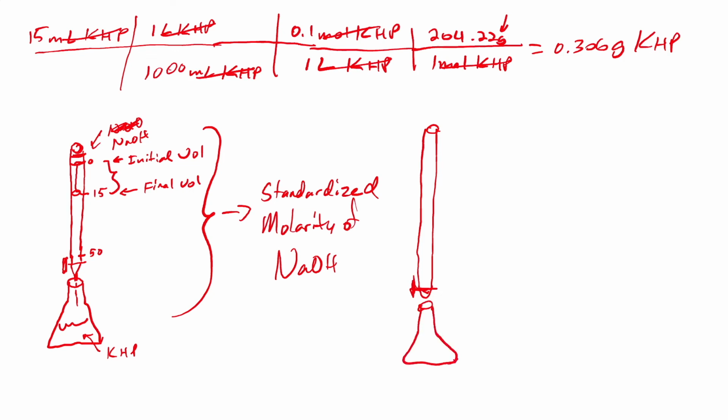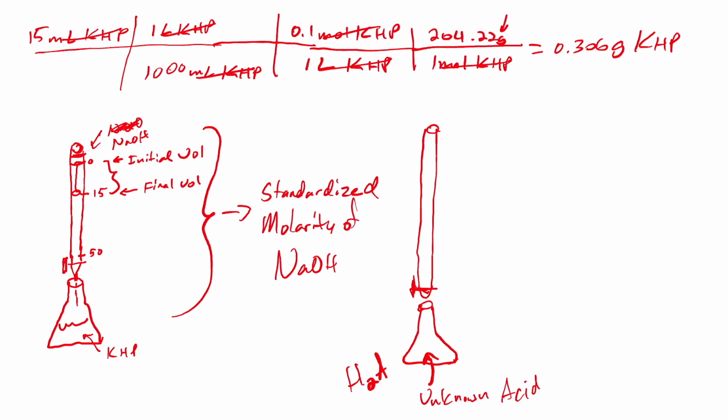But this time, instead of having KHP in the bottom, you're going to have the unknown acid. In this lab, we're calling the unknown acid H2A. So that basically means that this is a diprotic acid, and the A is the conjugate base.